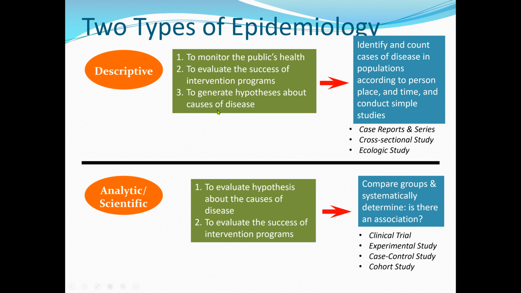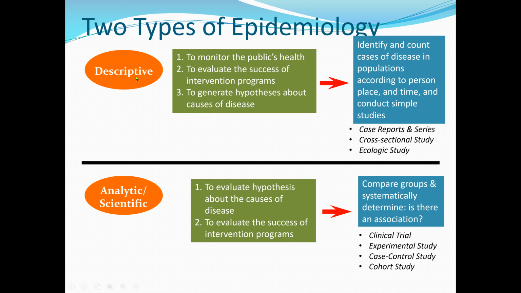That is the persons involved in the cases, the geographical location of the cases, and possibly the time it takes. The time mostly will be based on how fast the case is spreading among the population in the specific geographical area. And that will be the descriptive.